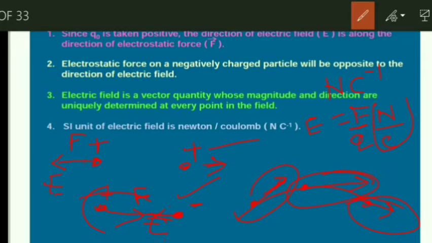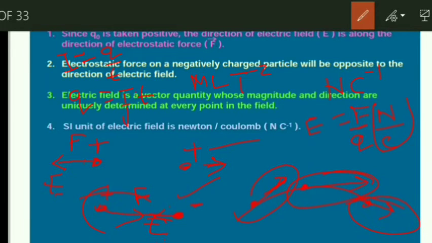Since force has dimension formula M L T minus 2, and charge, since we know that current I is equal to charge over time, so q is equal to current into time.